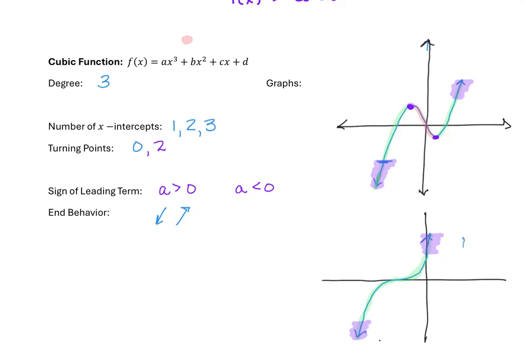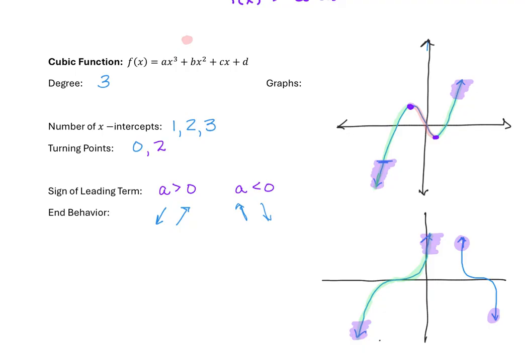So we can do a reflection across the x-axis or the y-axis. It doesn't matter, okay. But we would get this basic shape here. And if it looks like this, then what we have is we are going up to the left, we are going down to the right. And so our end behavior would look like this.